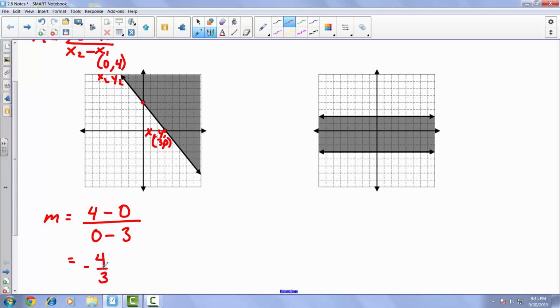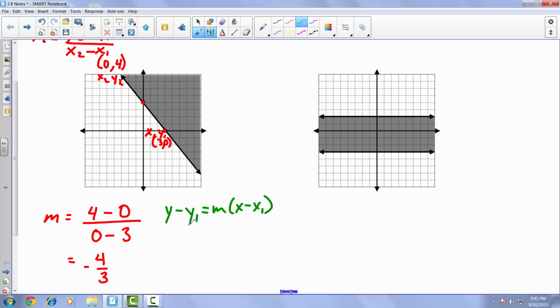So now that we have our slope, we can go ahead and use point slope using one of these points. Let's go with this one, (3, 0). Creating our equation of the line using point slope, we have y minus y1 is equal to m times x minus x1.